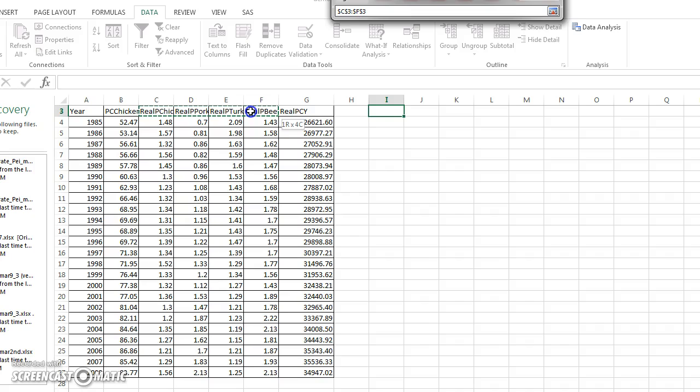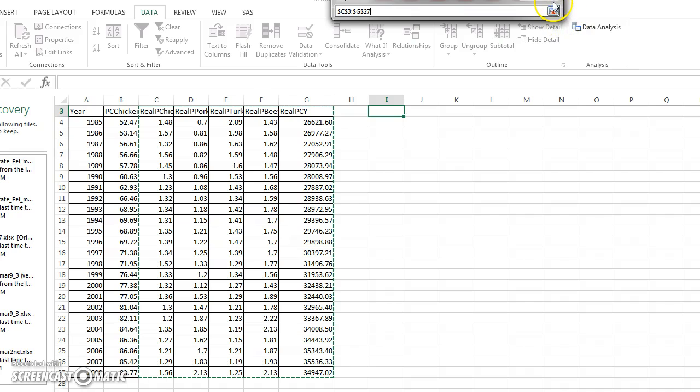So now I have included the real prices of my major and my substitutable products. I'm also going to include the real per capita income as my independent variables, or as my explanatory variables. Independent variables are also called explanatory variables.